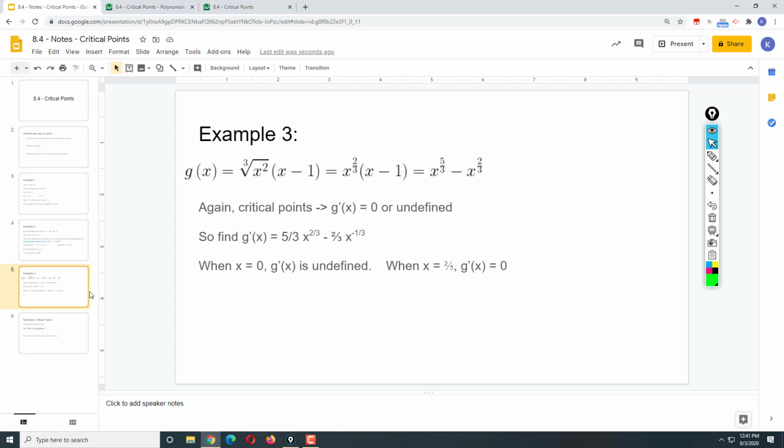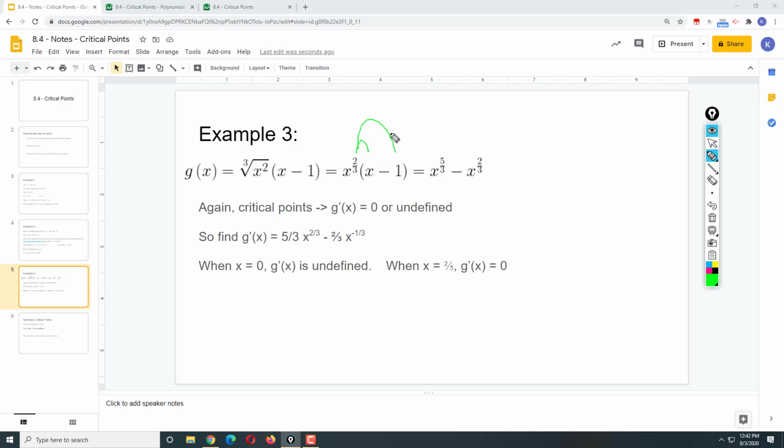Last example, g of x is equal to x to the 2/3 power times x minus 1. We can distribute that to get x to the 5/3 power minus x to the 2/3 power. Again, to find critical points, we want the derivative to equal 0.